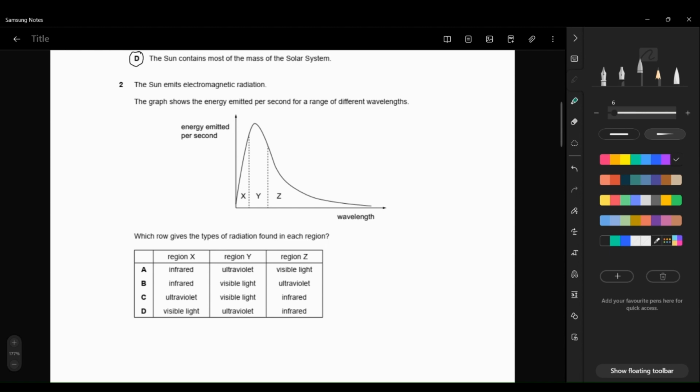That's all you need to know. So the correct position is the one in which you have on X the ultraviolet, on Y the visible light, and on Z the infrared. So that one is C. Region X ultraviolet, region Y visible light, region Z infrared.